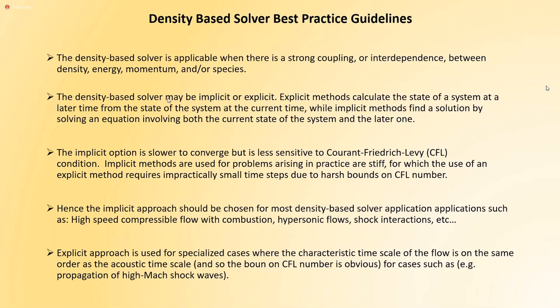The density-based solver may be an explicit method that calculates the state of the system for later time. It's a little bit faster. The difference is that usually explicit solvers are very sensitive to the CFL condition, which is some kind of measure of the size of the cell and the time it takes the phenomena to pass the cell.